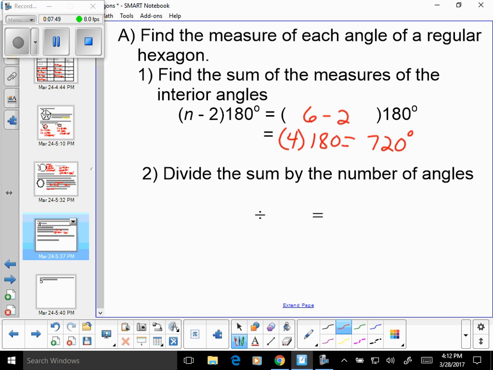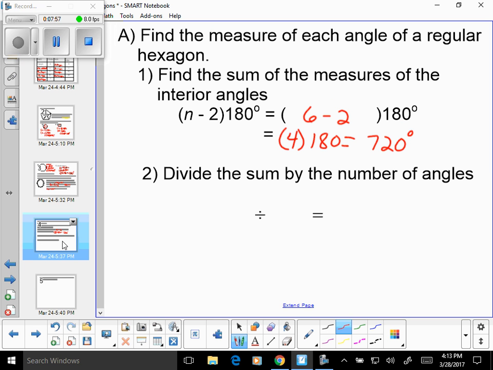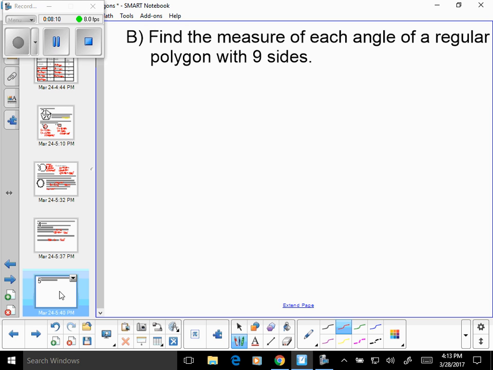What we just talked about on the last page is that we have to divide that by the number of angles. Well, if we have a hexagon, if there's 6 sides, there's 6 angles. So we're going to take that 720, divide by 6, 120 degrees.